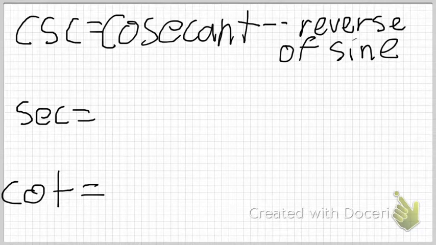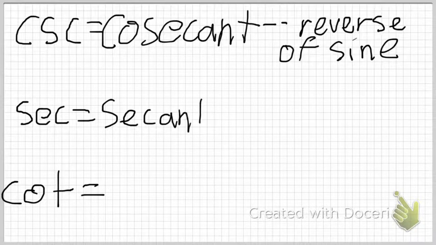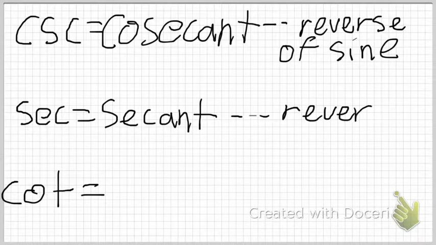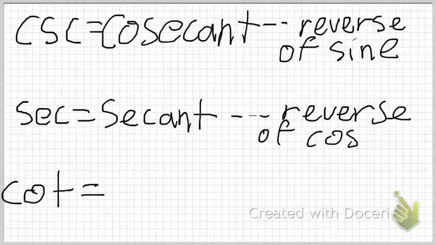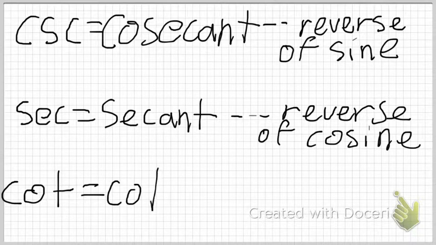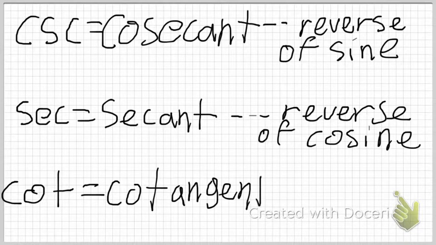For secant, you spell it as secant, and that's a reverse of cosine. In cotangent, it's co and then tangent, and that's a reverse of tangent.